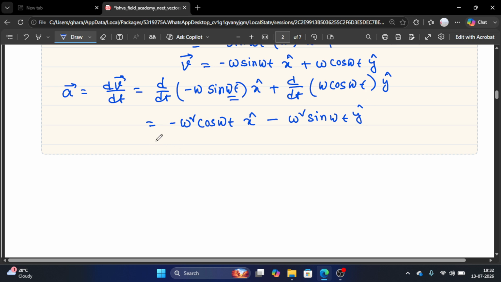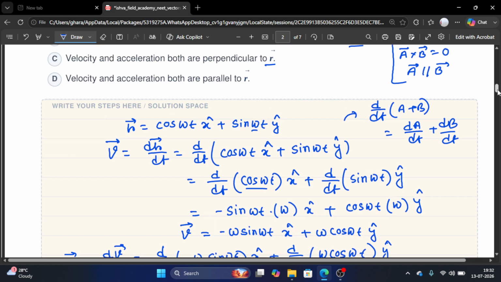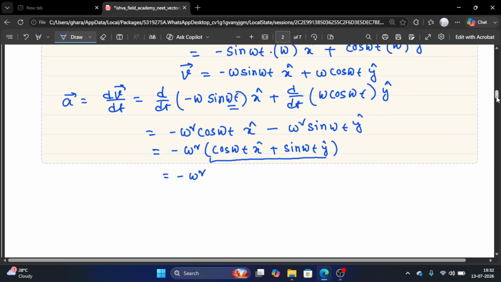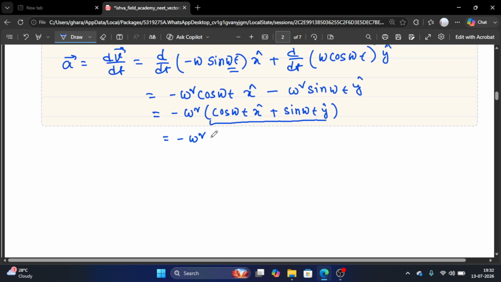If you take minus omega square common, you get cos omega t x cap plus sin omega t y cap. This is the r vector. So this is the acceleration.